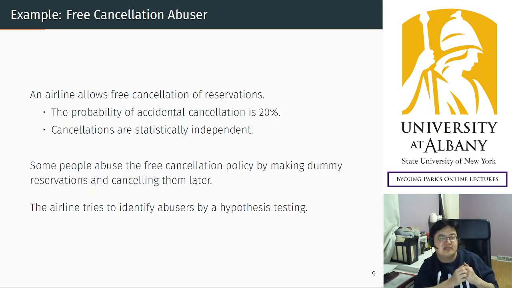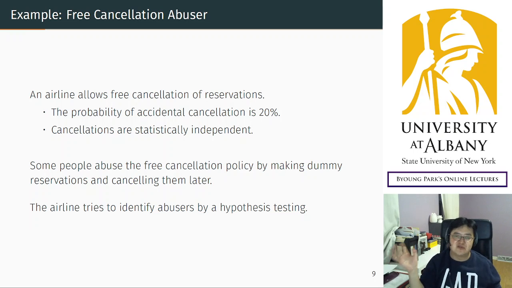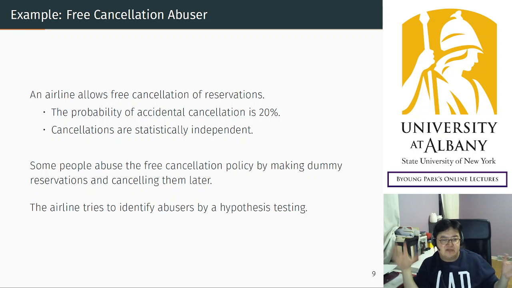And again, the cancellations are statistically independent across reservations. So this is the setup. Truly, usually 20% of customers need to cancel their reservations for something else.